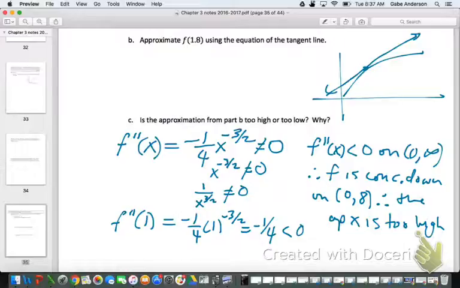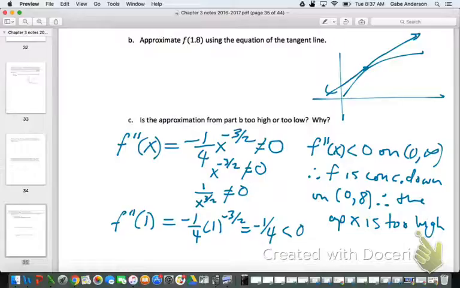Yes, ma'am? So I'm just kind of confused on how we got from the equation being undefined to plugging in 1. Yeah, good question. So we didn't say the equation was undefined necessarily. We just said that there's no way that f double prime would equal 0. And so here was the reasoning I used. I'll say it again. I hope this works. Let me know if it doesn't.